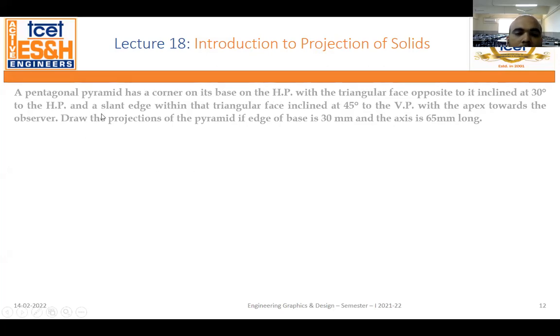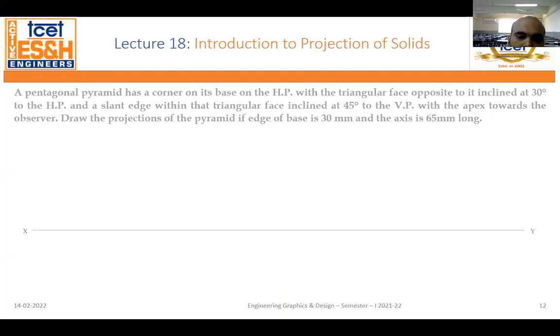And a slant edge within that triangular face is inclined at 45 degrees to VP, with the apex towards the observer. Draw the projection of the pyramid if the edge of the base is 30 mm and the axis is 65 mm long. In this numerical, I will tell you each and every thing, how I understood that this comes here. Okay, let's have a look one by one.